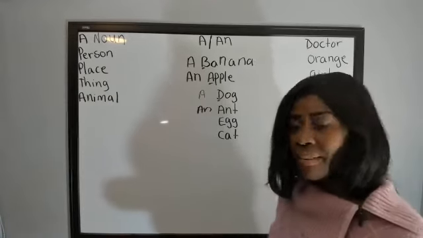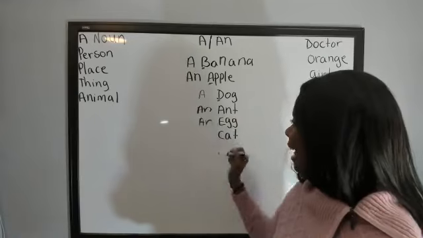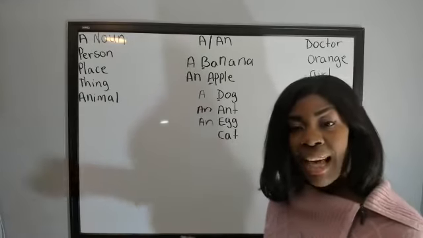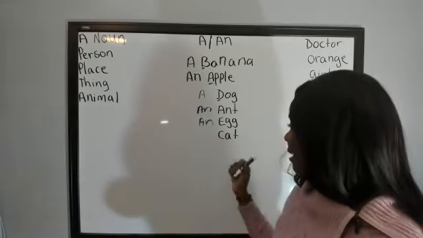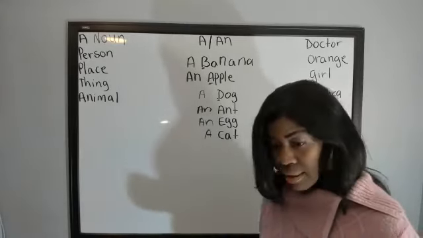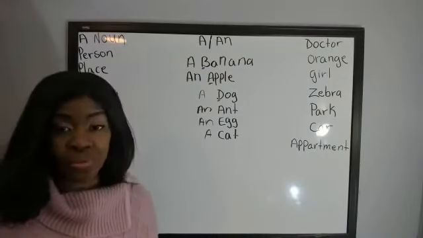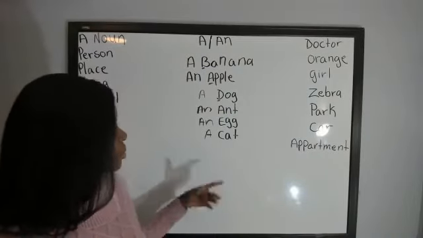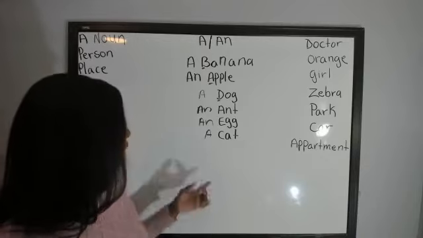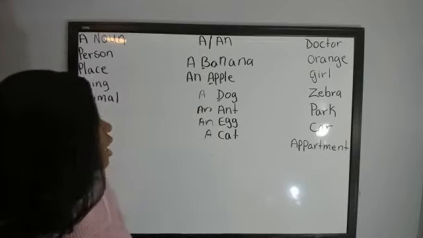Over here, we have an egg. Right here, a cat. It's a noun because a cat is an animal. An egg, you use it to eat. An ant is an animal. And we have a dog.